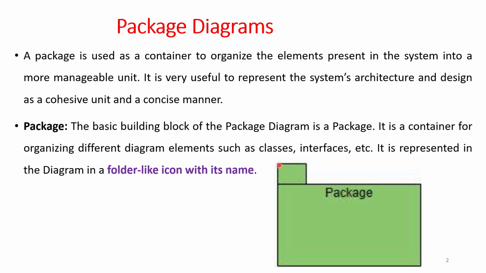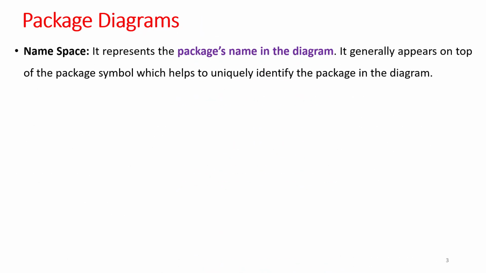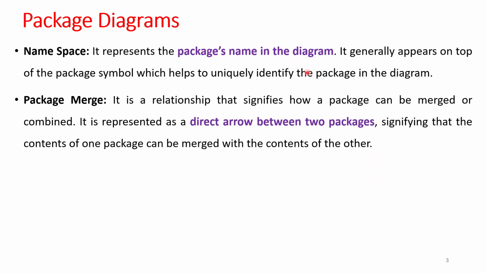The top left corner is very important. It is the indication of the package diagram, where there is a space provided to write the package name. This acts as the package container. The name generally appears on the top of the package symbol, and it should uniquely identify the package among multiple package diagrams.